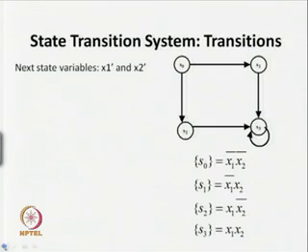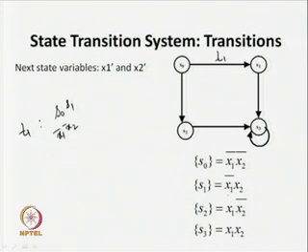Now, I have said that this is your transition T1. Transition T1 is nothing but from S0 to S1. Now, what is your S0? S0 is represented by x1 bar, x2 bar, and it is going to the next state S1.